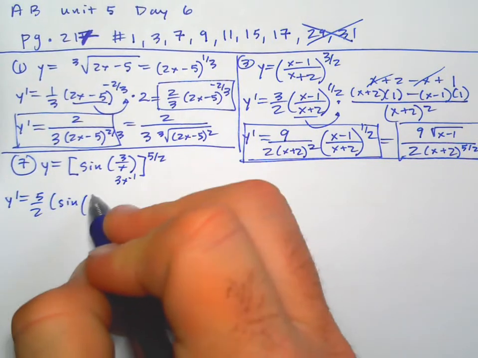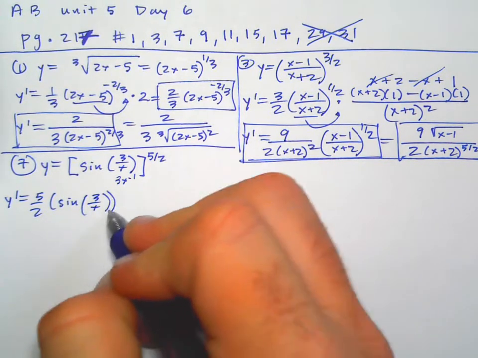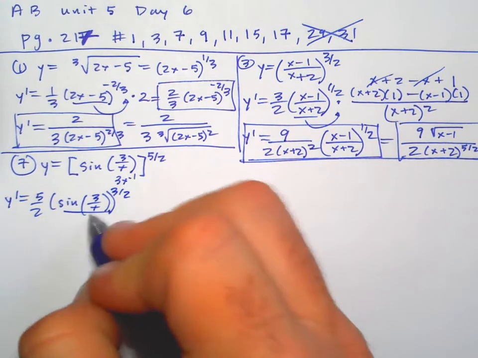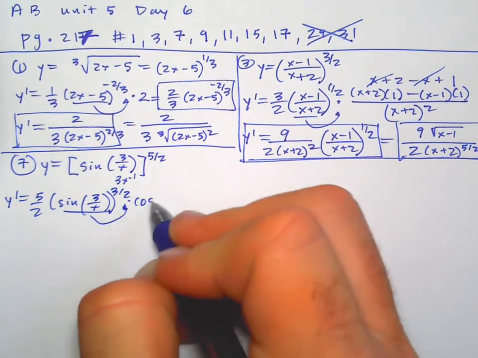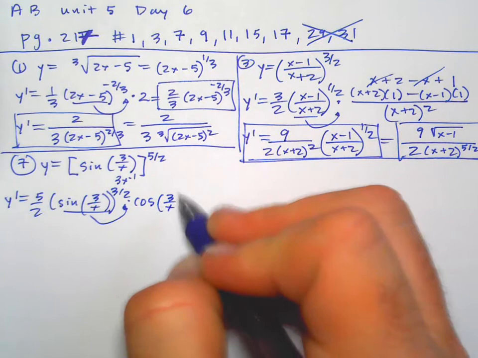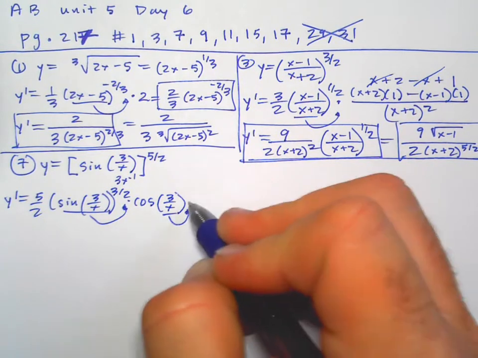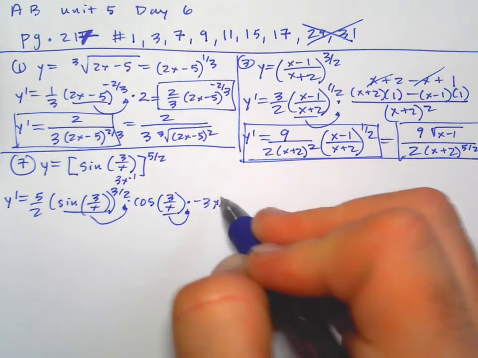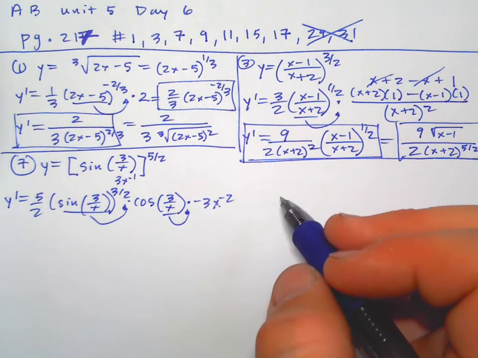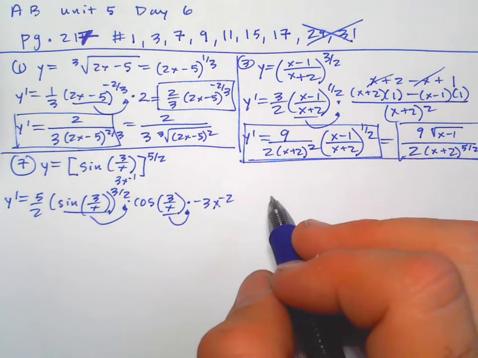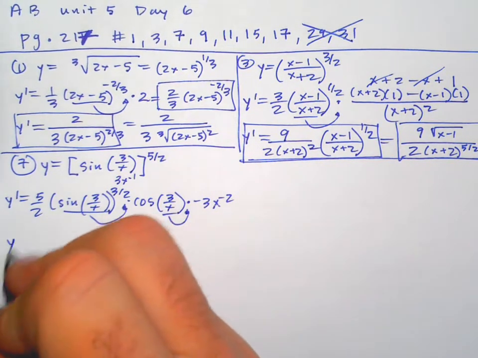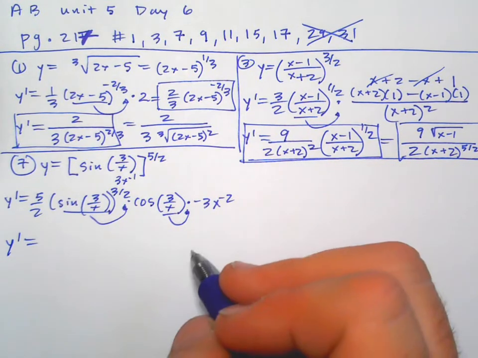Inside stays the same. Decrease it by 1. Times derivative of what's inside. Derivative of sine is cosine. And then the derivative of what's inside there would be negative 3x to negative 2. So you can do that chain rule all the way. And then for your final answer, I'd clean it up. Negative exponents on the bottom.